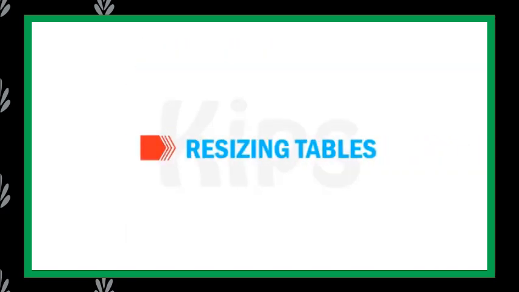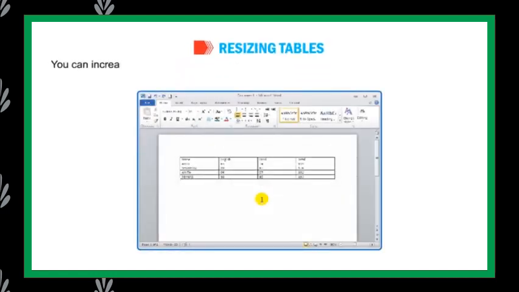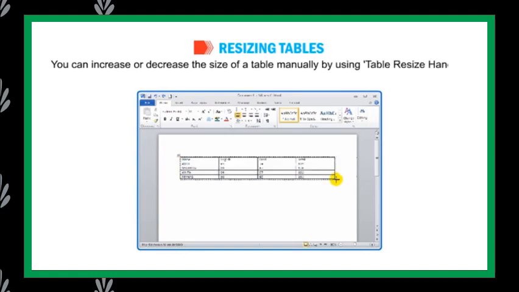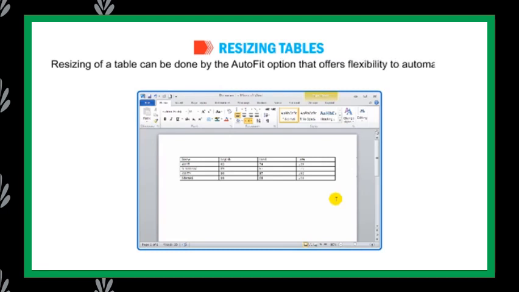Students, now let us find out how to resize tables. You can increase or decrease the size of a table manually by using the Table Resize handle. But Word also offers ready-made solutions to resize the table. Resizing of a table can be done by the Auto Fit option that offers flexibility to automatically resize the column width based on different criteria.